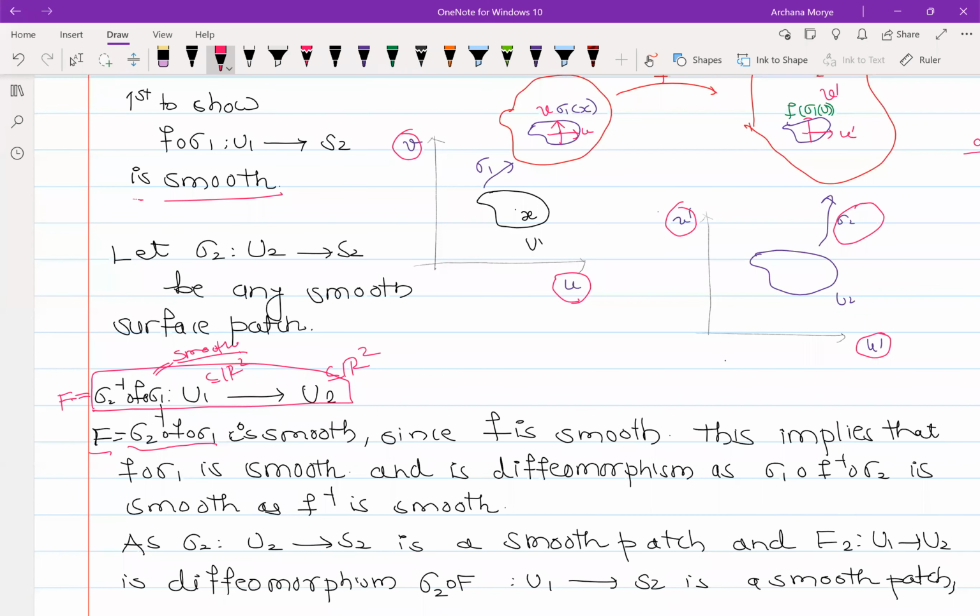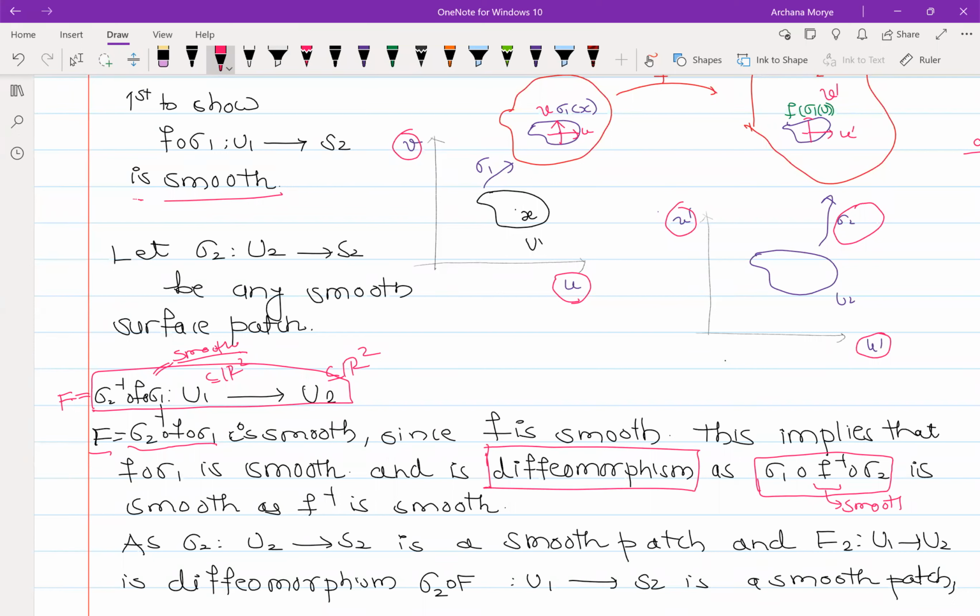If you take the map sigma 1 composed with F inverse composed with sigma 2, because F is a diffeomorphism, I can take F inverse here. This is also smooth because F inverse is also smooth, and this is clearly the inverse of capital F. So what we proved so far is that F is a diffeomorphism. Is this clear to you? Why capital F is a diffeomorphism?